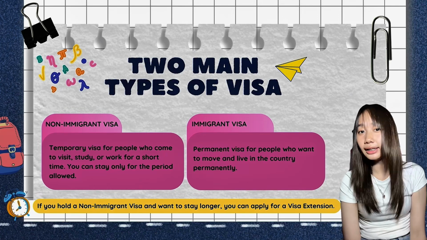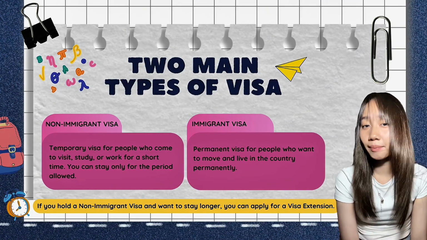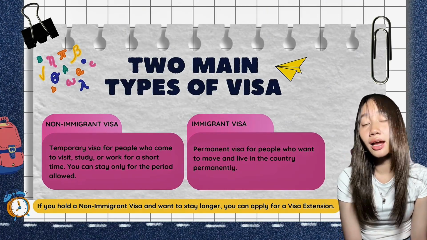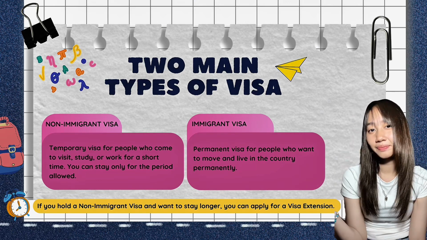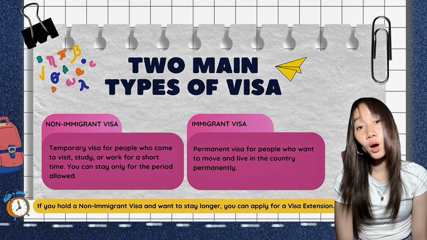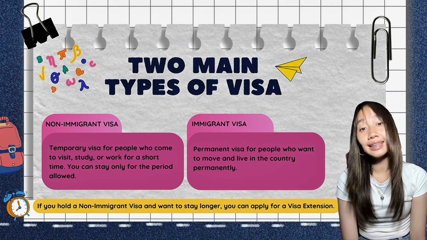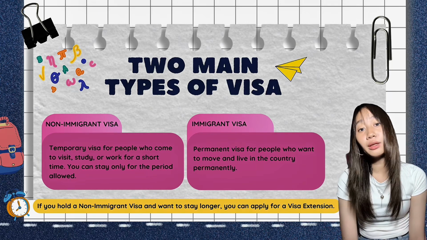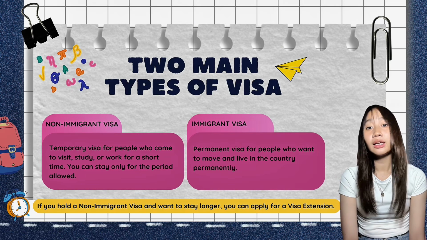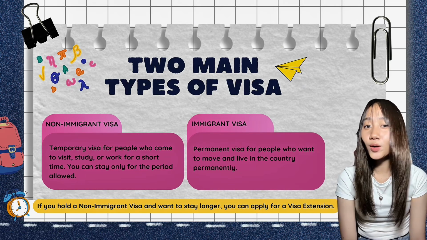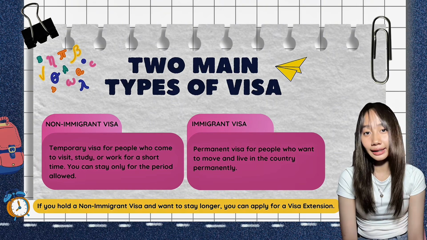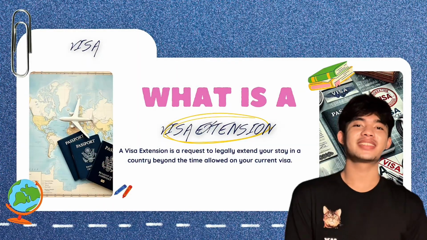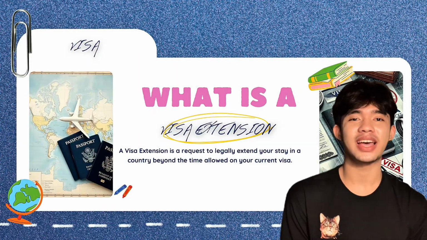The first one is a non-immigrant visa, a temporary visa for people who come to visit, study, or work for a short time. The second one is an immigrant visa, for people who want to move and live in a country permanently.